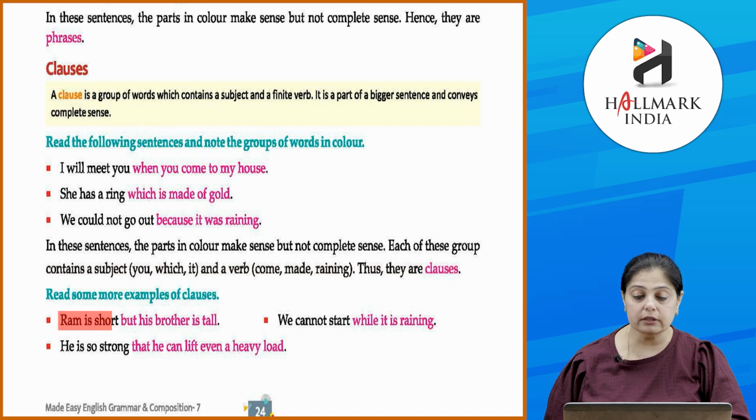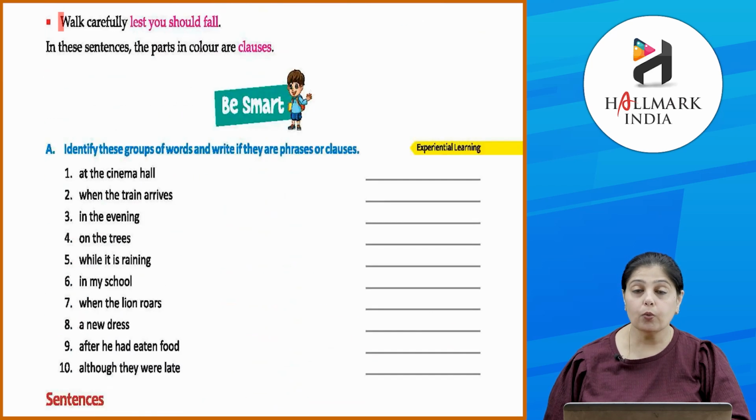Ram is short, but his brother is tall. We cannot start while it is raining. He is so strong that he can lift even a heavy load. Walk carefully lest you should fall. In these sentences, the parts in color are clauses.